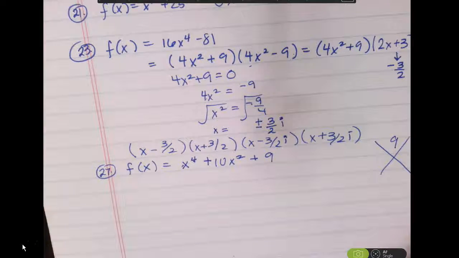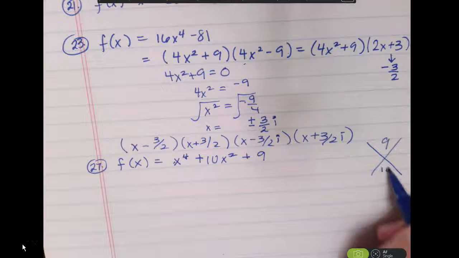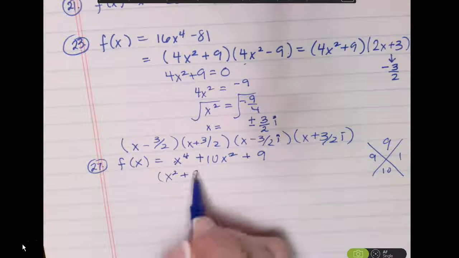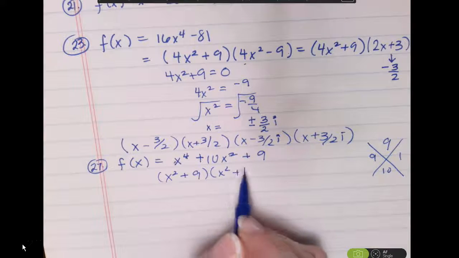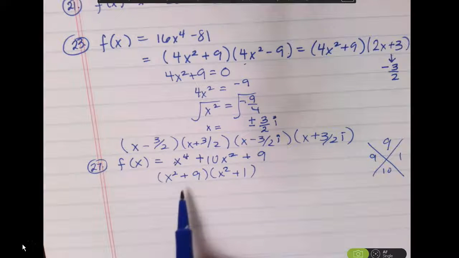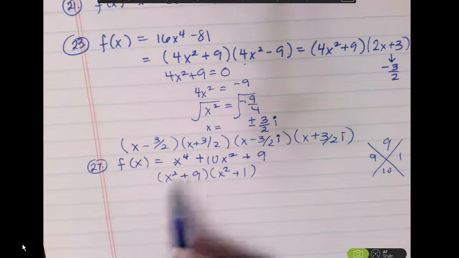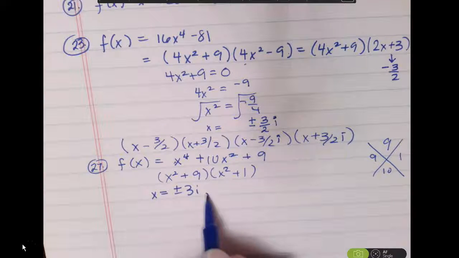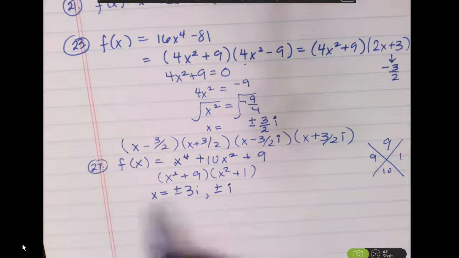So I want two things that multiply to equal 9 that add to equal 10. So that would be 9 and 1. So I'm going to have x squared plus 9 and x squared plus 1. And I know that those patterns are going to give me imaginary roots. So x is going to be plus or minus 3i and plus or minus i.